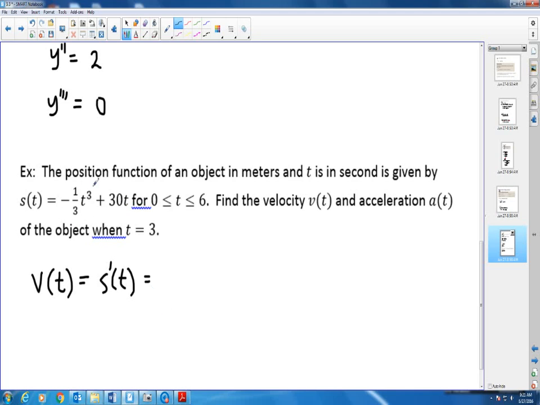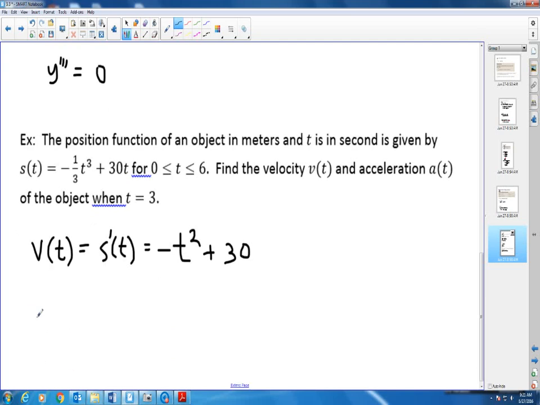Using the power rule, the 3 will come down, and 3 times 1/3 will be negative 1. t, subtract the exponent by 1, that will be squared, plus the derivative of 30t, which would just be 30. So that's my instantaneous velocity function.